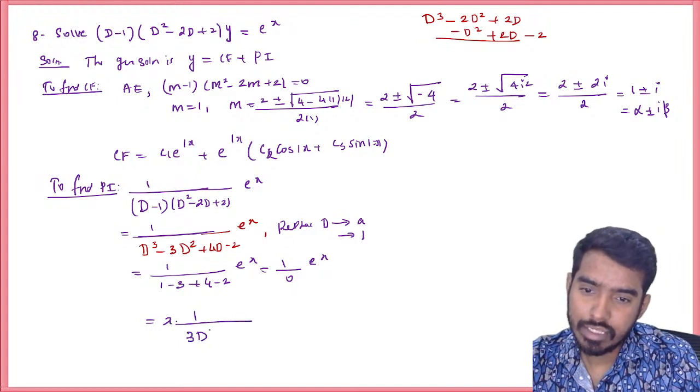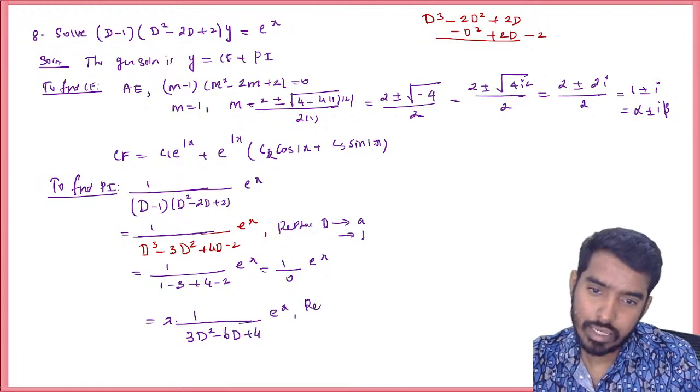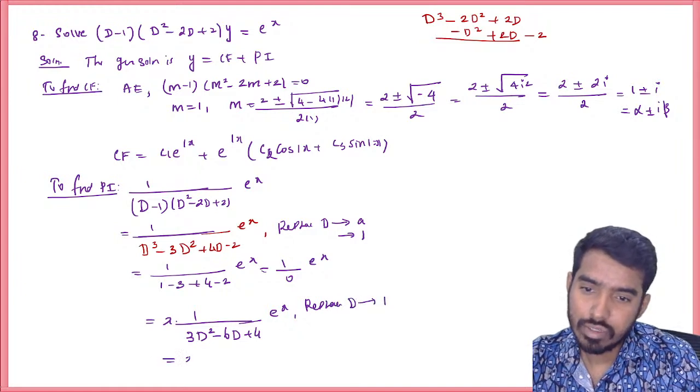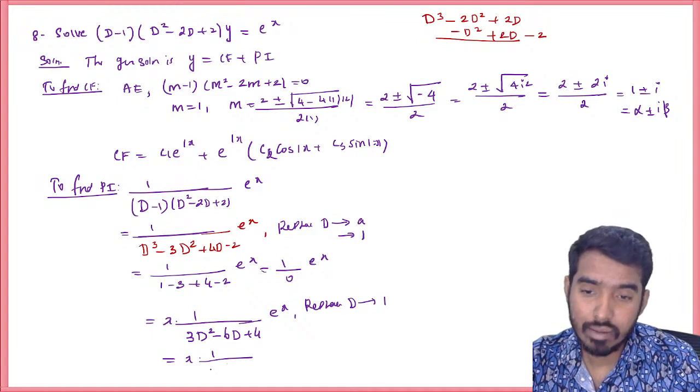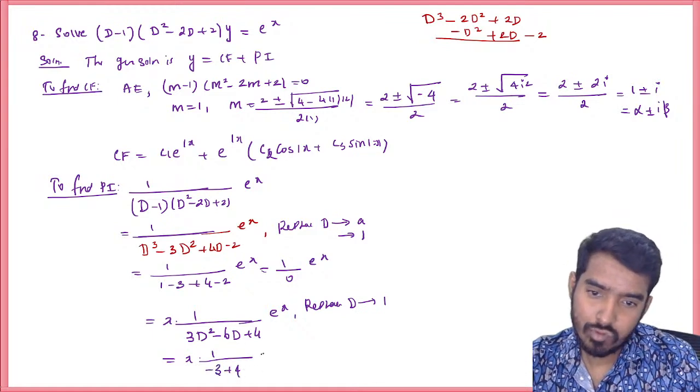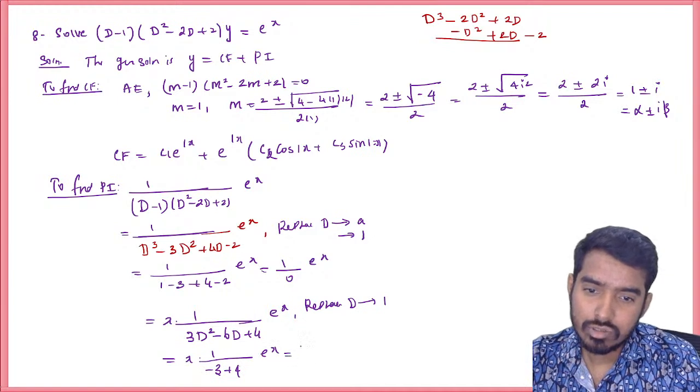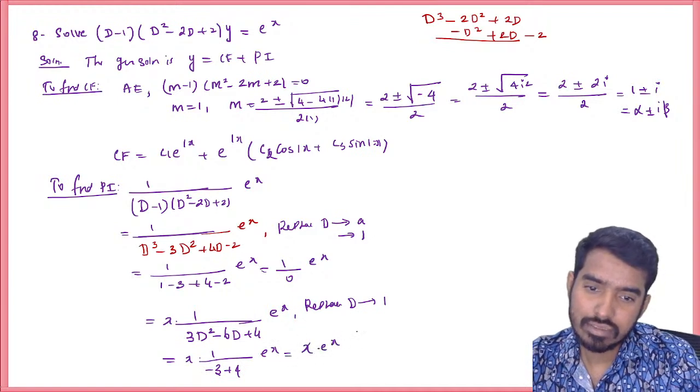So we will have 3D square minus 6D plus 4, e power x. So again you replace D to be equal to a, which is 1. So x into 1 divided by 3 minus 6 plus 4, e power x, which is non-zero. So it will be x into e power x is the particular integral, right?